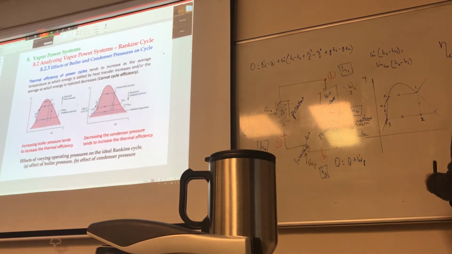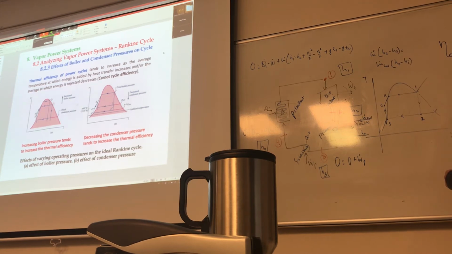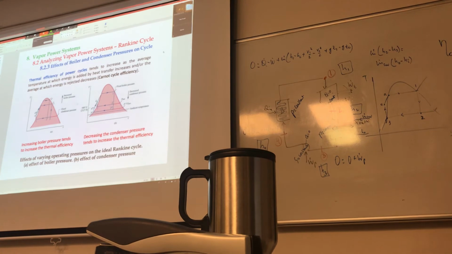Eta max, remember, is 1 minus T. Is it TC over TH? Well, remember, for a power cycle, let's say that we forgot how to do it. So what does a power cycle do?